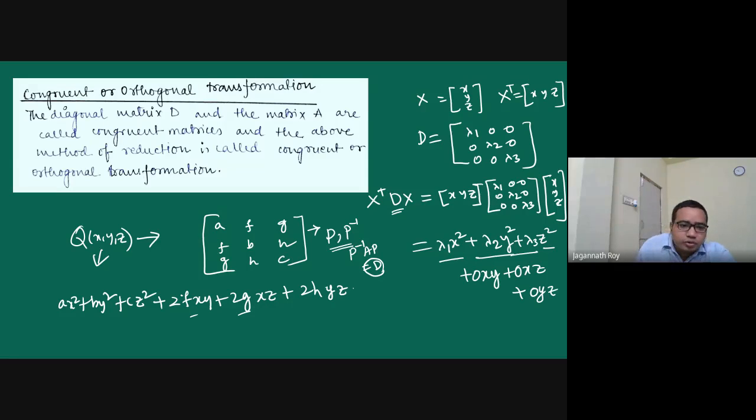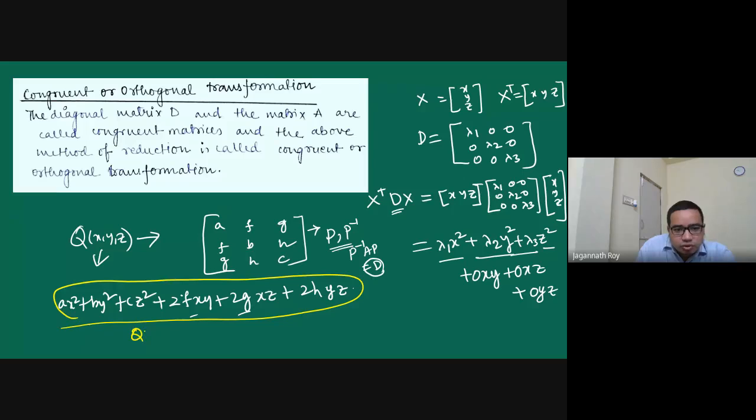So we are transforming this quadratic form, reducing it. This is actually called canonical form.